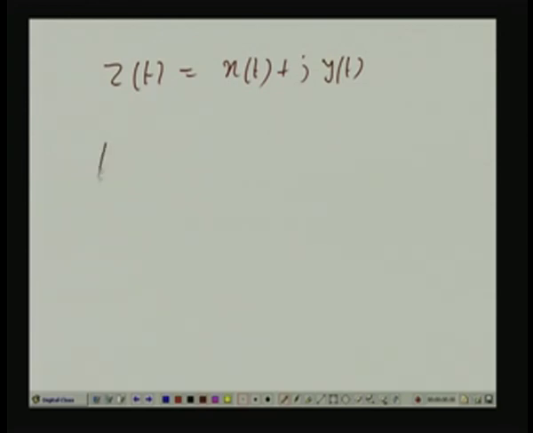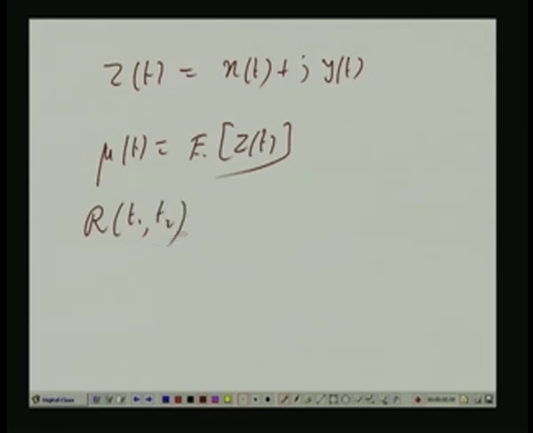For this kind of process, mu(t) remains as before, E of Z(t). But how about R(t1, t2)? Here you take Z(t1) into Z star (t2). Why does this star come?